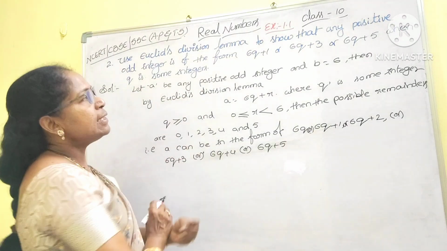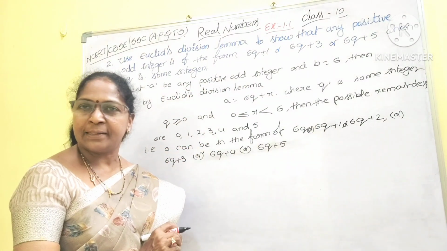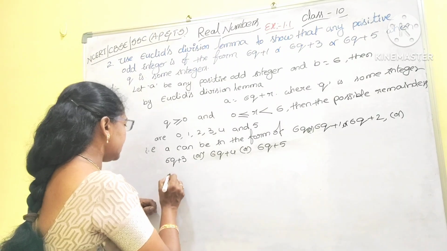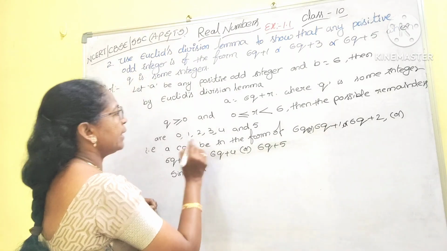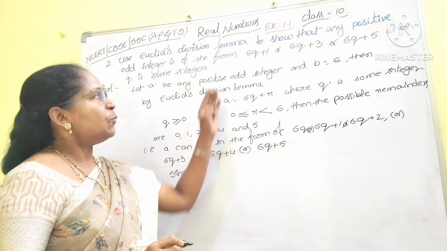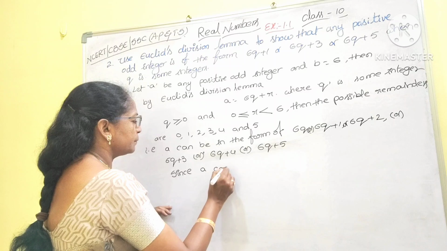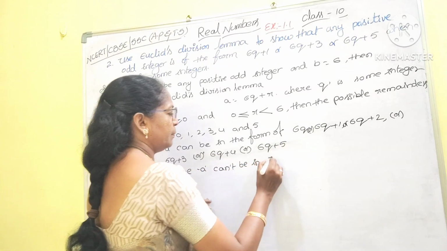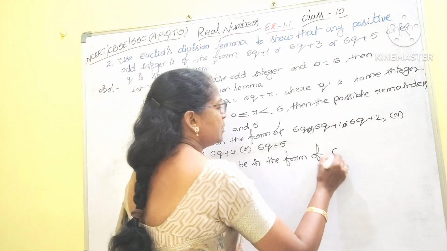But what is the condition here? A is any positive odd integer, not an even integer. Since A is a positive odd integer, A cannot be in the form of 6Q.